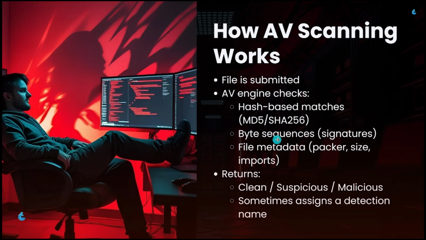The file metadata is also reviewed. For example, whether the file has been packed or obfuscated to hide its code, its size compared to typical safe files, and which functions or libraries it imports. Once the scan is complete, the antivirus engine produces a verdict whether it is clean, suspicious, or malicious, and may assign a detection name that links it to a known malware family.